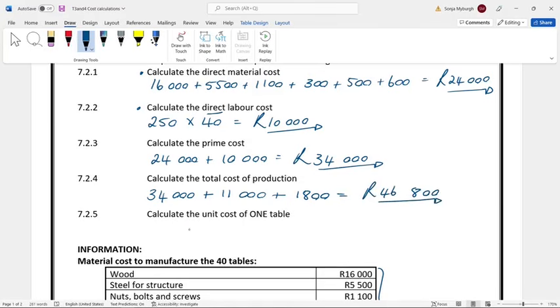The unit cost, that was the total cost of production for how many units? For 40 tables. So per unit, it is 1,170 Rand that it costs to produce one table. And now he can decide on a profit markup to be added to that in order to get the selling price that he will sell the tables for.